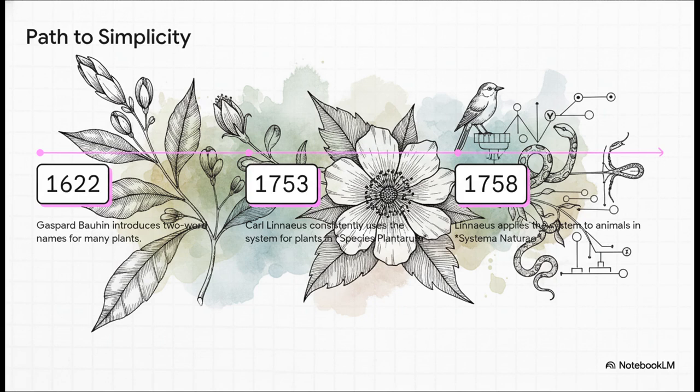The concept of using two-word names had kind of been floated around before, especially by a guy named Gaspard Bauhin way back in 1622. But here's the thing, Linnaeus was the one who actually made it work. He applied it consistently and systematically to everything, first for all plants in 1753, and then for animals 5 years later. He's the one who made it the universal standard we use today.